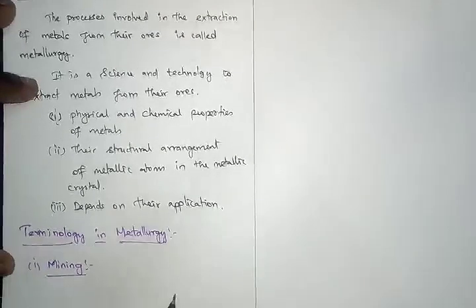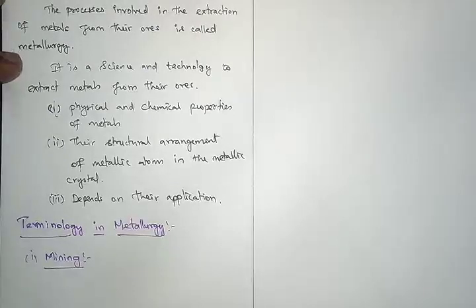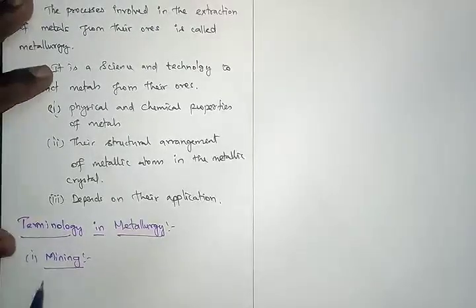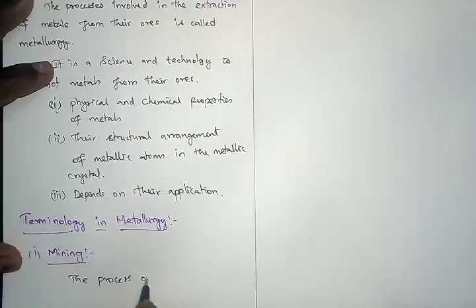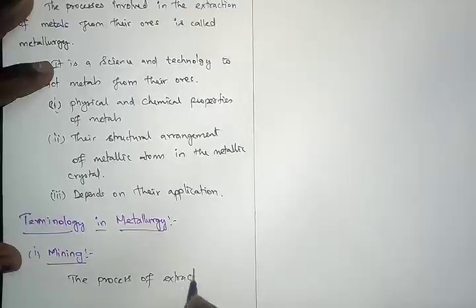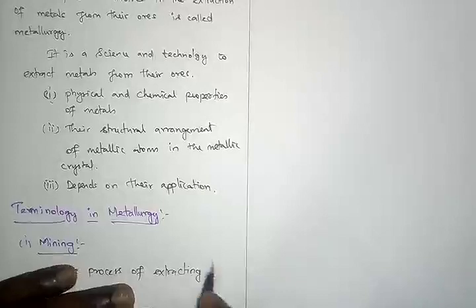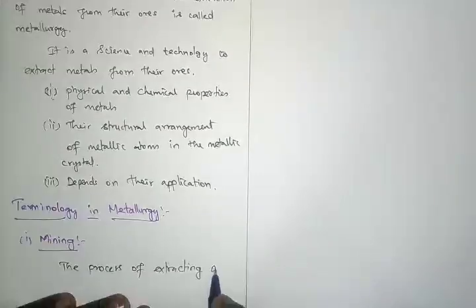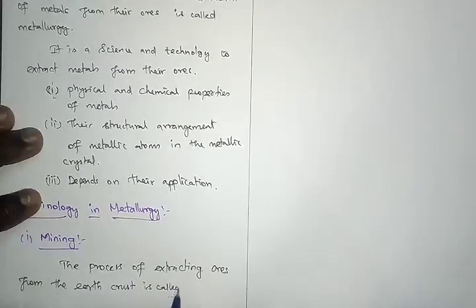It's a very simple idea, right? We extract ores or minerals from the earth crust. This process is called mining, right? So the process of extracting ores from the earth crust is called mining.